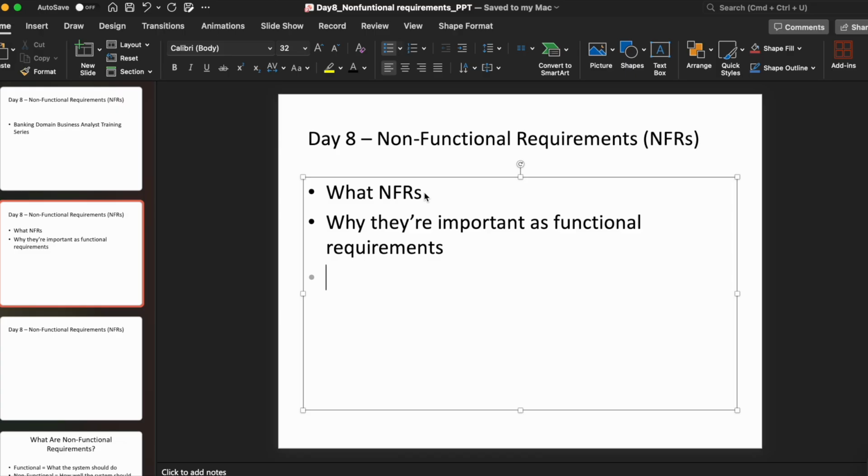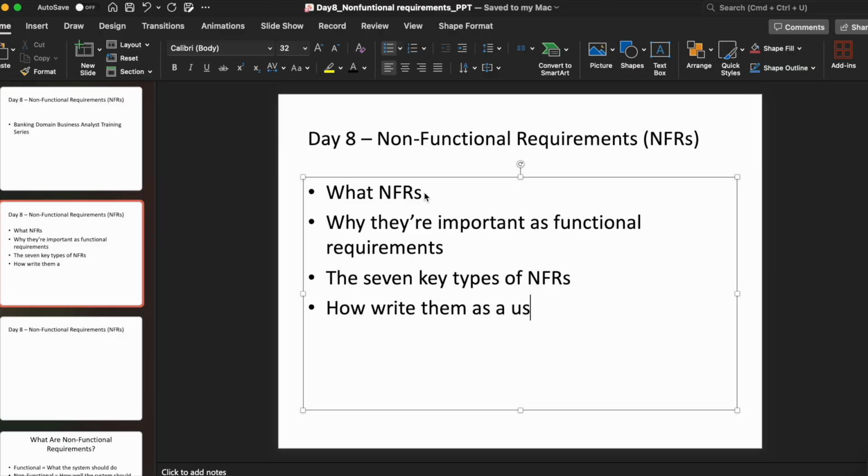And there are 7 key types of NFRs, non-functional requirements, and how to write them as a user story.